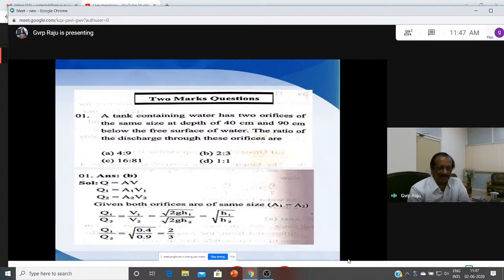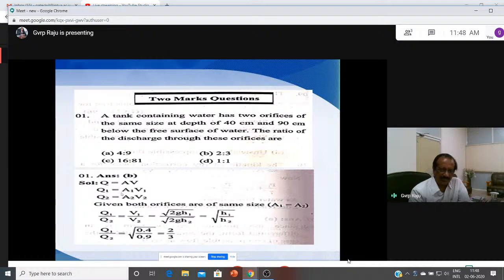So here, as you know, Q1 is equal to A1 V1 and Q2 is equal to A2 V2. He has given 2 orifices of the same size, so the diameter is the same. When the diameter is the same, A1 is equal to A2.